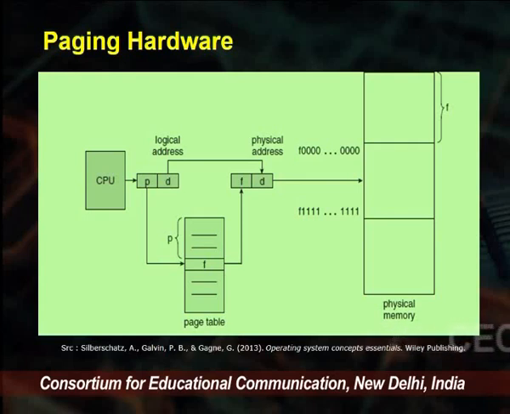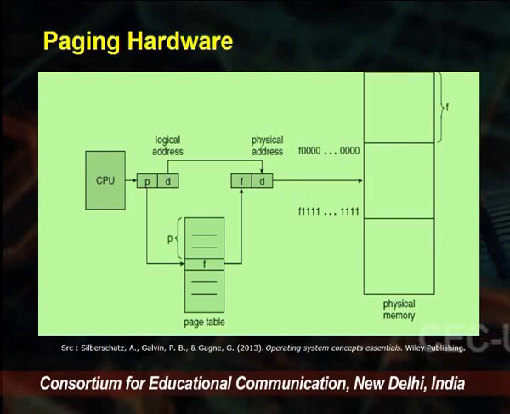The page table contains the page number and the address of the particular page in the physical memory. So there is a mapping which the page table is doing between the logical address and the physical address. When the page number is looked up in the page table, it gives the starting value of the page in the physical memory.